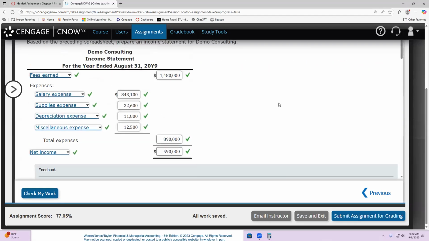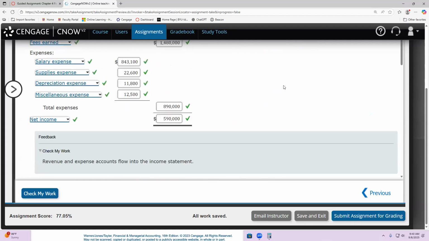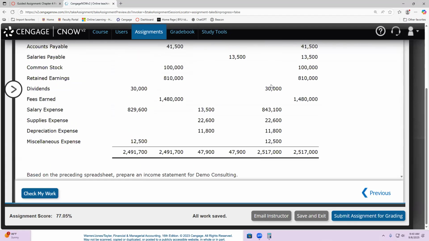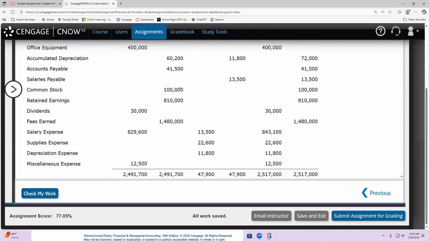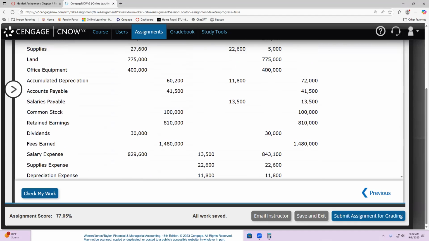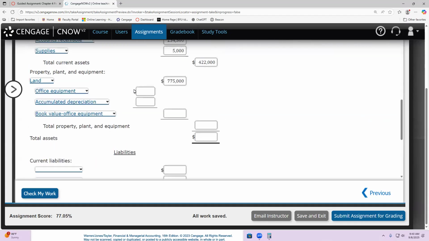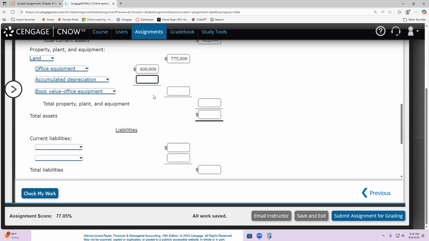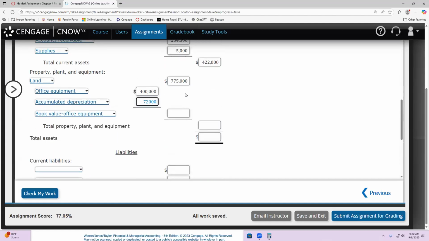So land had a balance of 775,000. Office equipment had a balance of 400,000. And the accumulated depreciation account had a balance of 72,000. They want that as a negative. Usually you don't list it as a negative, but you do subtract them.